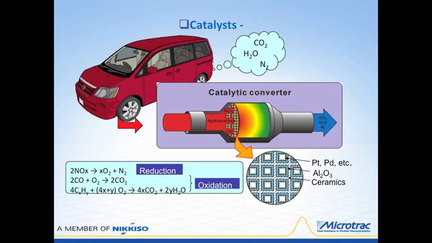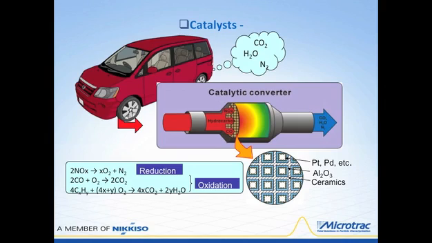And the catalytic converter converts these into less noxious gases, but unfortunately we do have these greenhouse gases, CO2, that is being produced. So there's a reduction reaction as well as an oxidation reaction that occurs inside the catalytic converter, so that what we wind up coming out of our exhaust is carbon dioxide, water, and nitrogen.